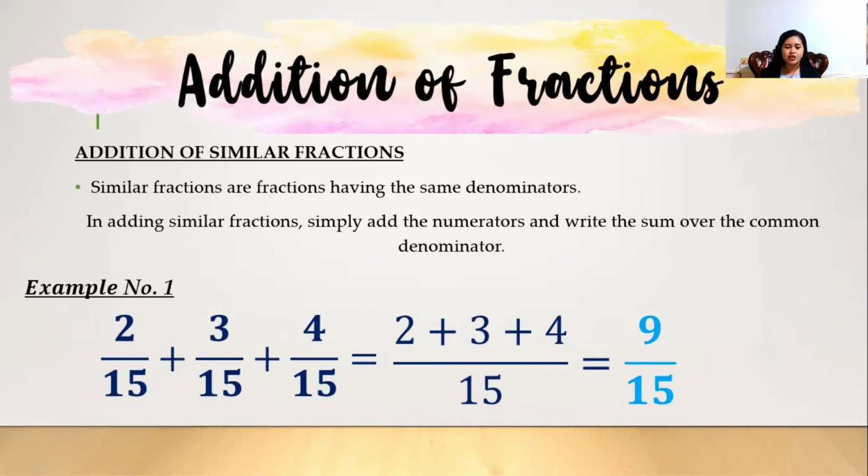So we add 2 plus 3 plus 4, that is equal to 9 as our total, and then you copy the denominator 15. Therefore, the result is 9 over 15. So the sum of the 3 fractions, 2 over 15 plus 3 over 15 plus 4 over 15, is equal to 9 over 15.